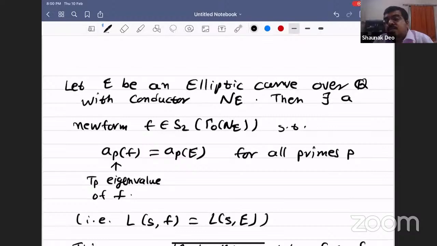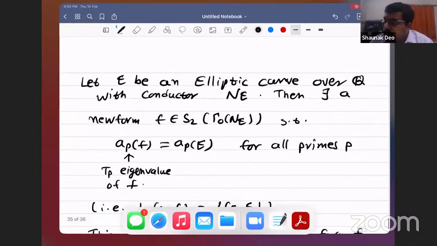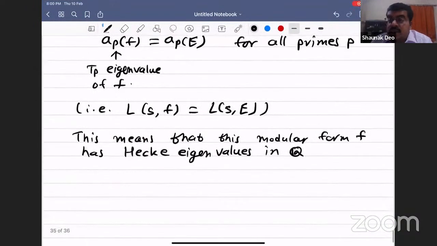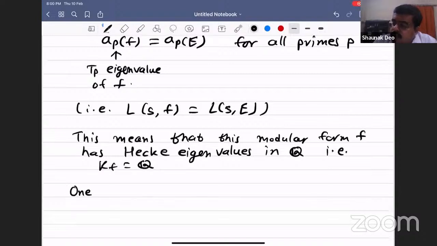So AP of F are rational. So these are Hecke eigenvalues in Q, which means the coefficient field K_F is Q.